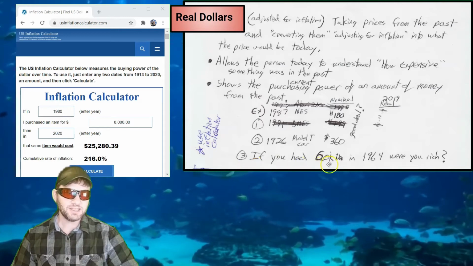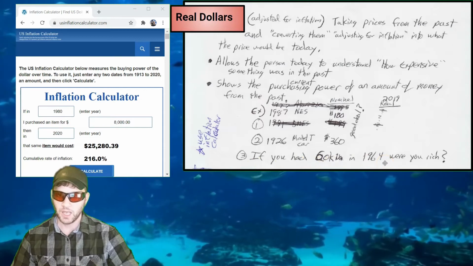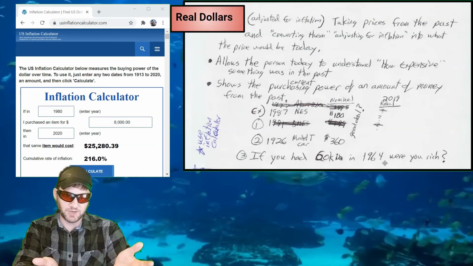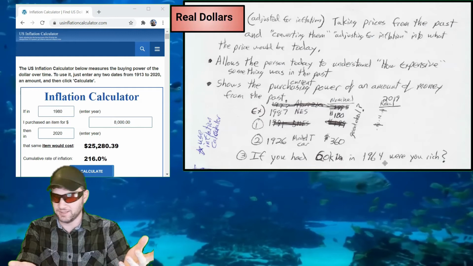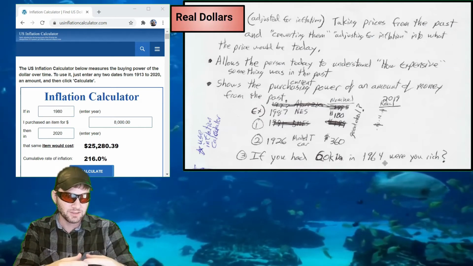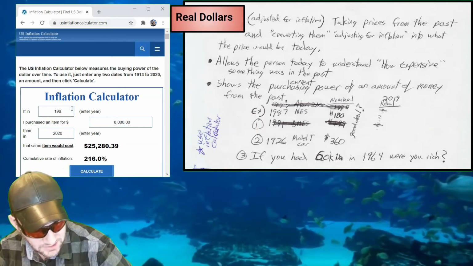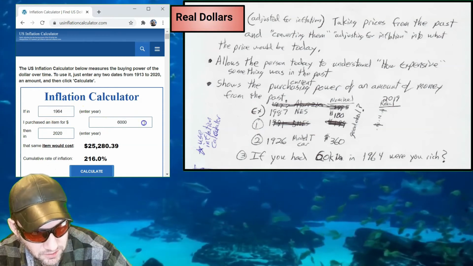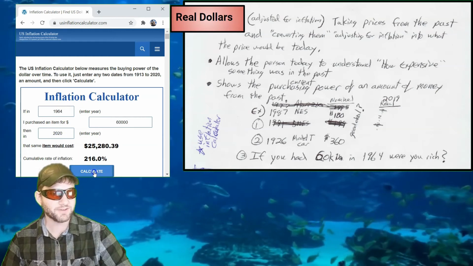If you had $60,000 in 1964, were you rich? You can't just say, well, if I had $60,000 today, I'm not rich. Although if you have $60,000 in the bank, you're in the top 10% of all Americans, okay? That's pretty good. So you have to convert it. If we were in 1964 and you had $60,000, that would be the same as somebody in 2020 having $500,000 in the bank.